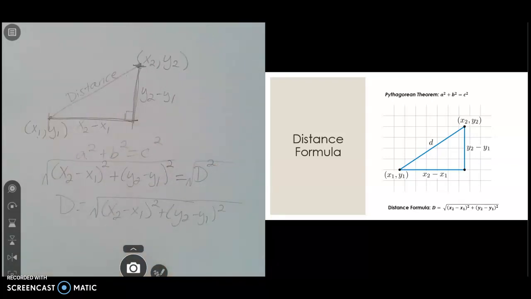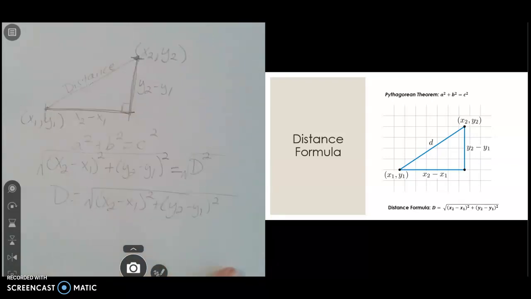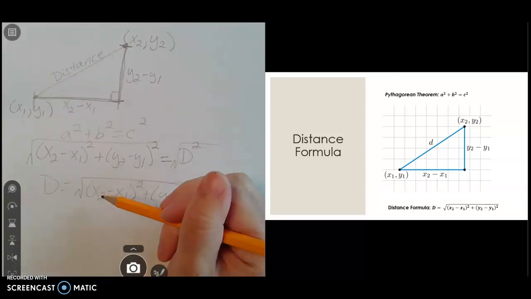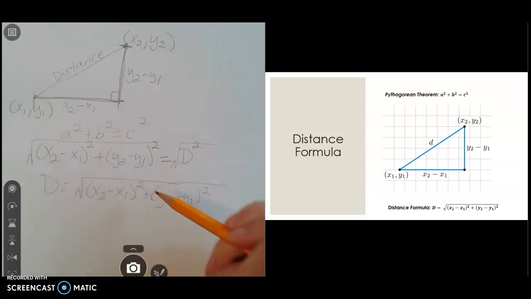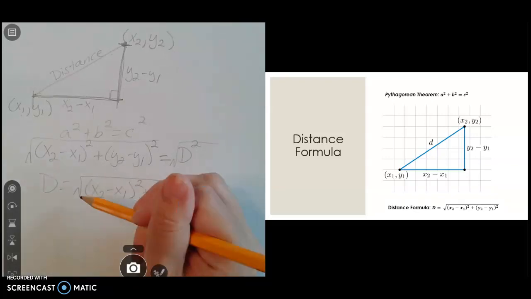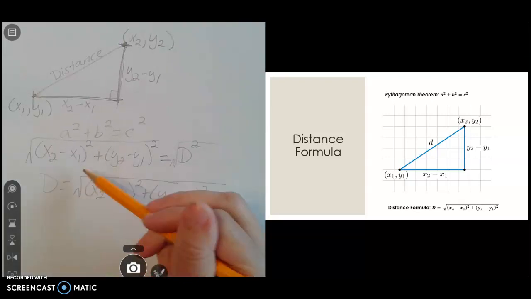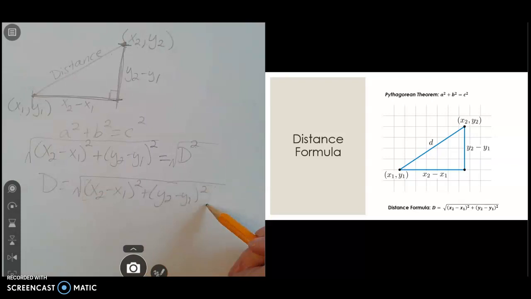Practically, we follow order of operations. You subtract your x's and square them, subtract your y's and square them, add those together, and then take the square root. Underneath the square root, there are assumed parentheses that hold everything together.